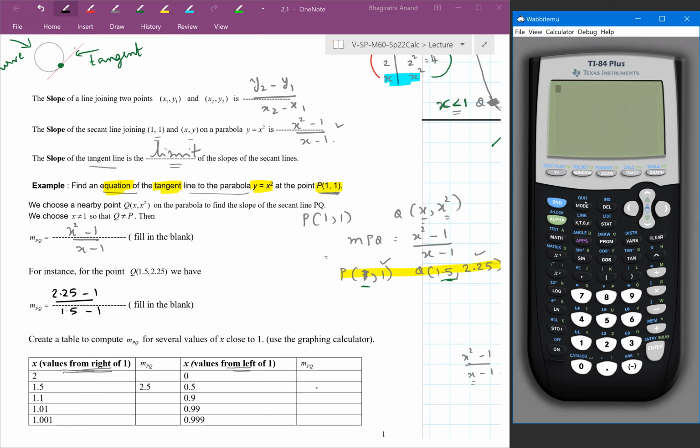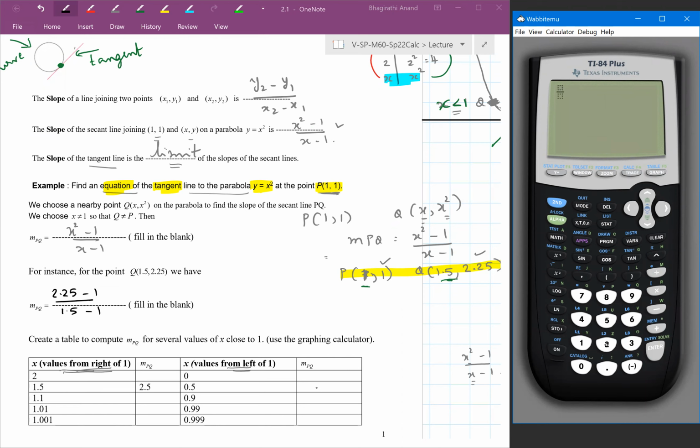I need the fraction form, so I use alpha followed by y equal, which gives me numerator over denominator, the first menu.